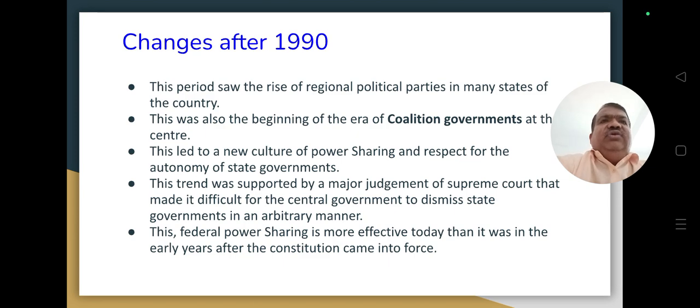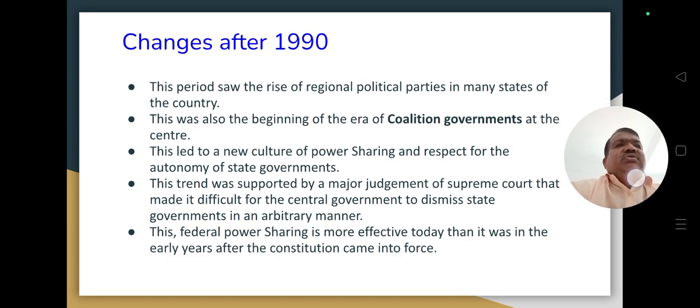So let us understand the changes after 1990. This period saw the rise of regional political parties in many states of the country. This was also the beginning of the era of coalition governments at the center.